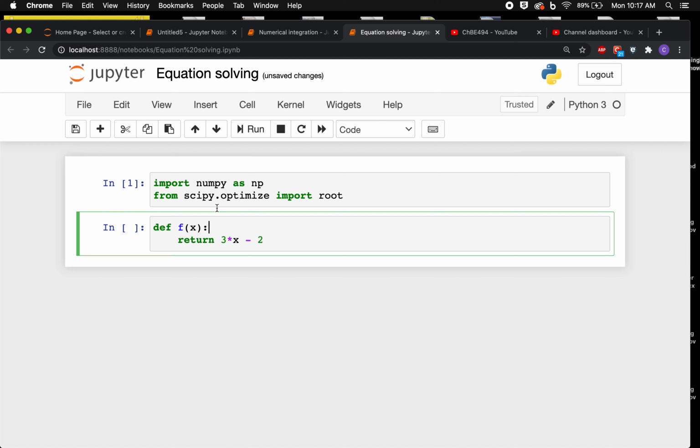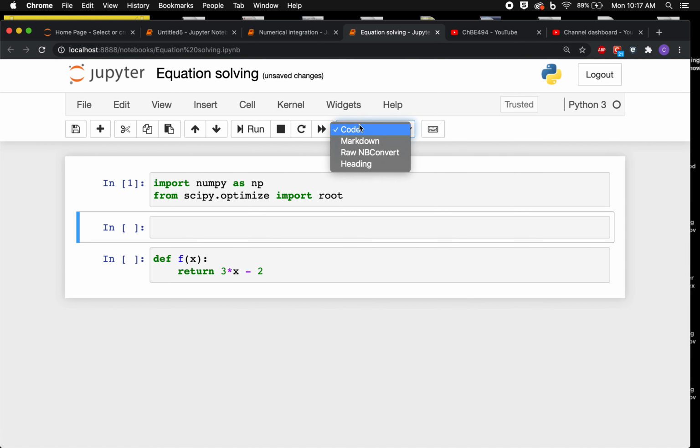So in general, with the markdown, if we're solving an equation like 3x is equal to 2, what we have here is an equation where on the left we have some terms, and on the right we have some terms.